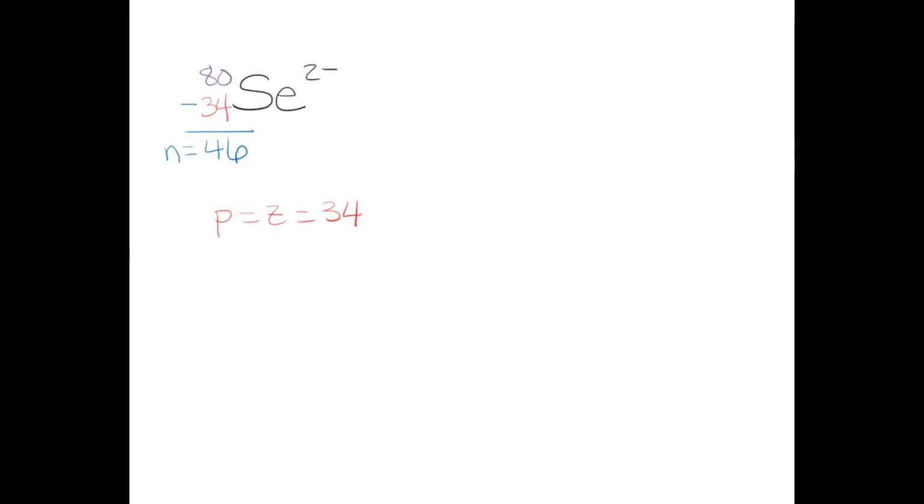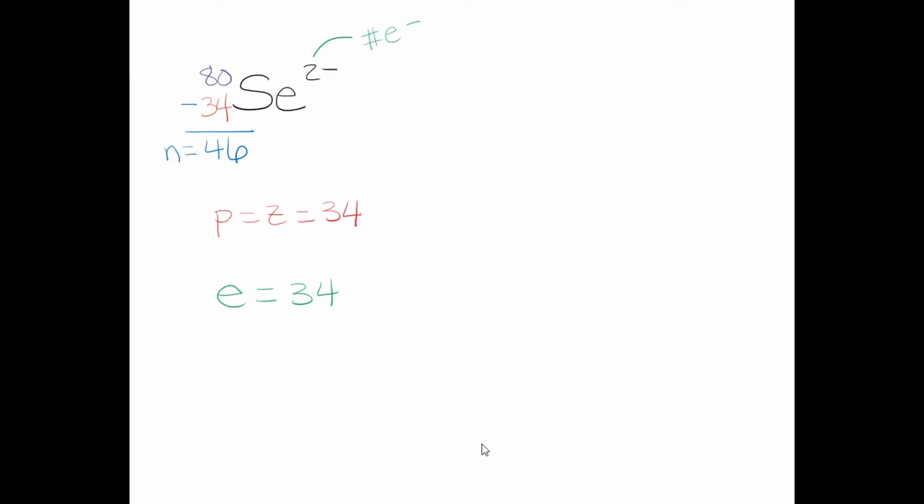For the electrons, be sure to follow the steps in order. First, start with the number of electrons in the neutral isotope, which is Z equals 34. Then, let's look at the two parts of the charge of the ion. The value, which is 2 in this case, is how many electrons are involved in forming the ion.